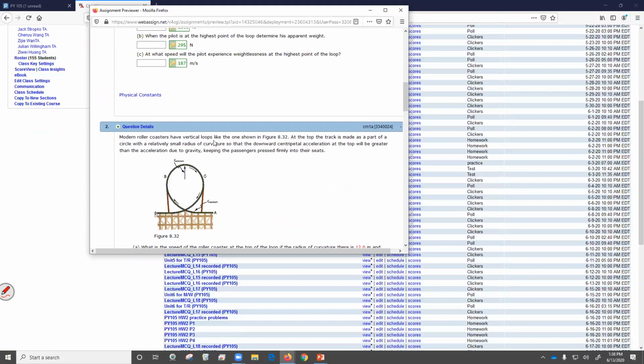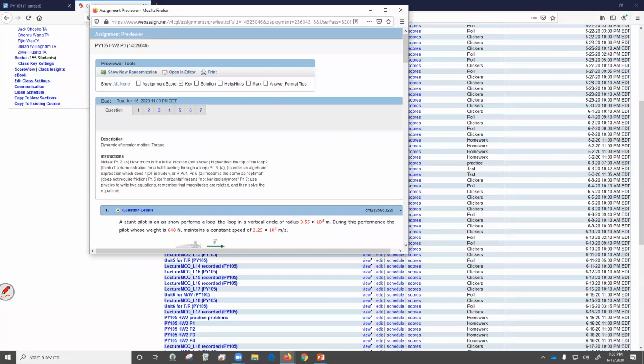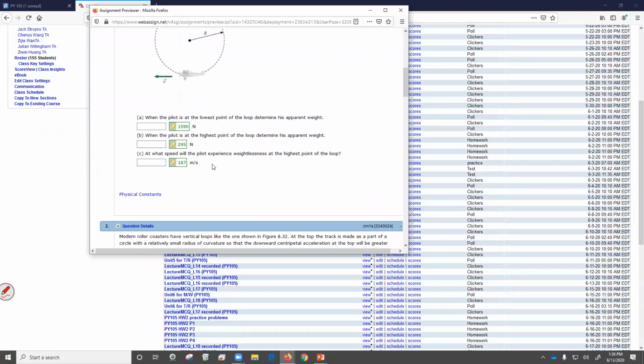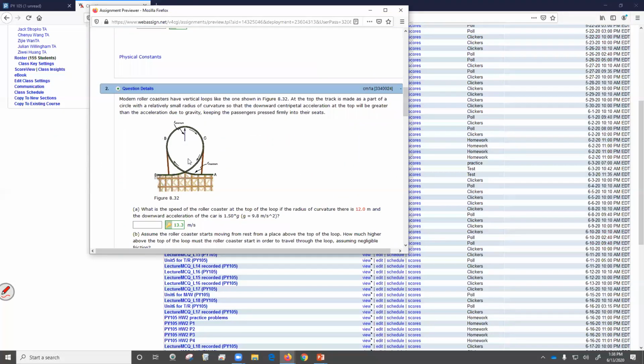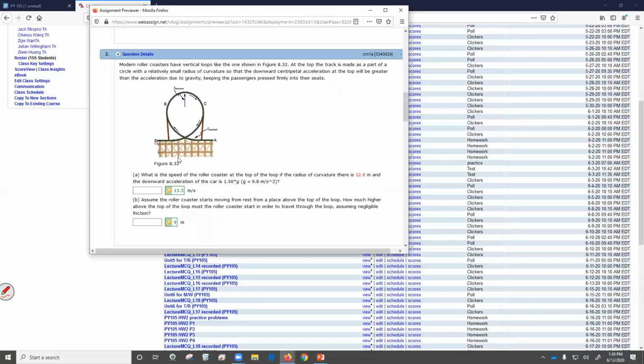I believe that some people don't read instructions because instructions provide important information. For problem number 2, we need to calculate how much higher the initial location, which is not shown, is than the top of the loop, all right? So this is not what we're looking for. This is just a part of the picture.